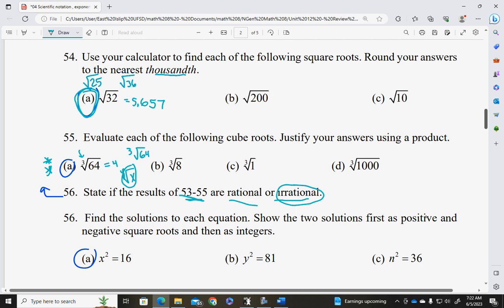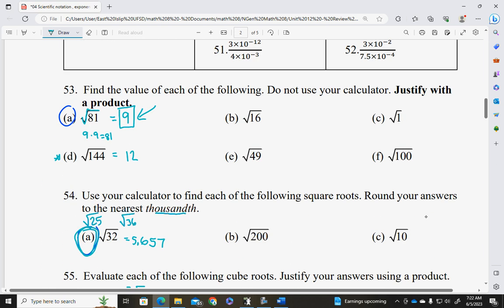So if I were to go back to the few that I did, this is rational. It's a nice normal number. This is rational. Whenever you take the square root of a perfect square, the answer is rational. But on number 54, when you take the square root of a non-perfect number, the decimal filled up our screen.